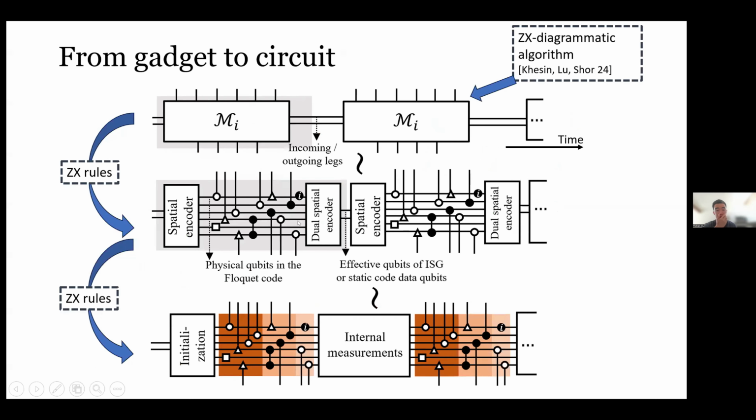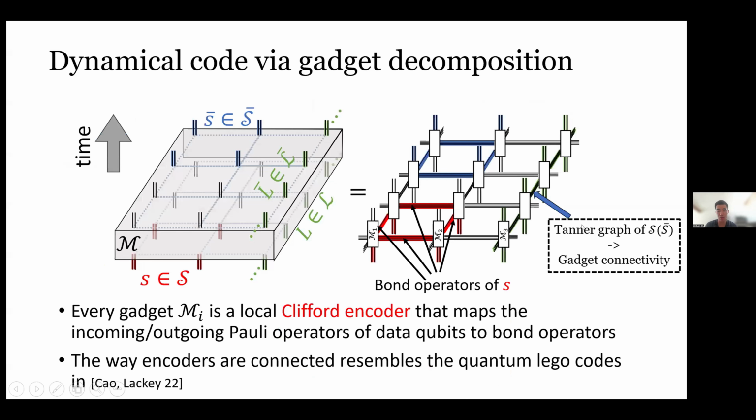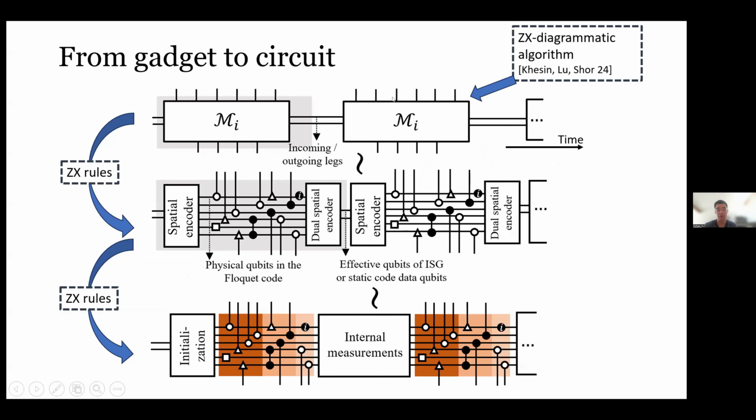So how is this actually achieved? Suppose we already know what these bond operators are, which you need to specify based on the stabilizers in the stabilizer code, and suppose you know what local encoder you have based on the algorithm. The first step is to deploy a ZX diagrammatic algorithm to write what's inside the gadget.